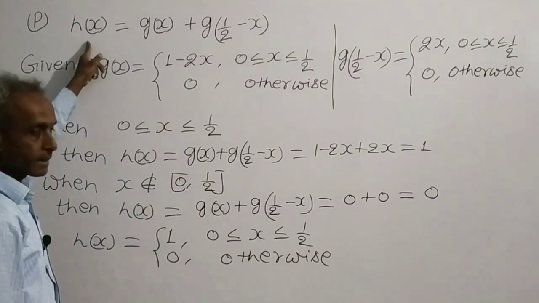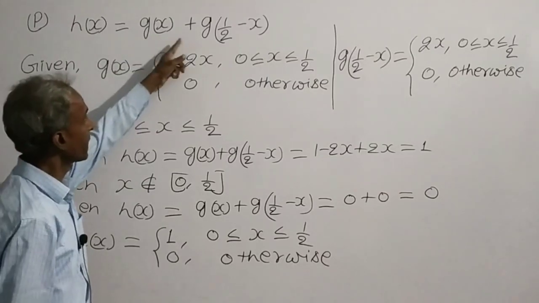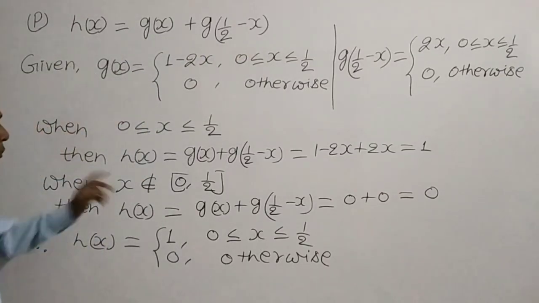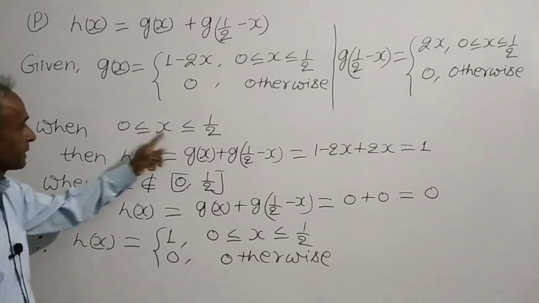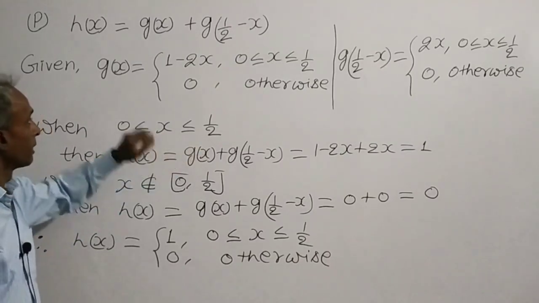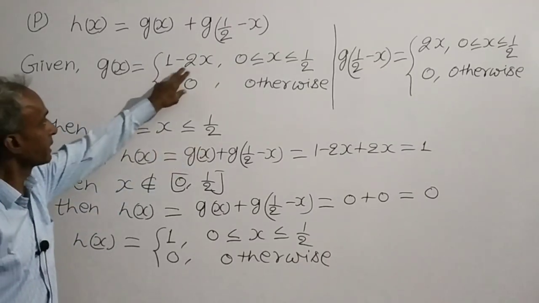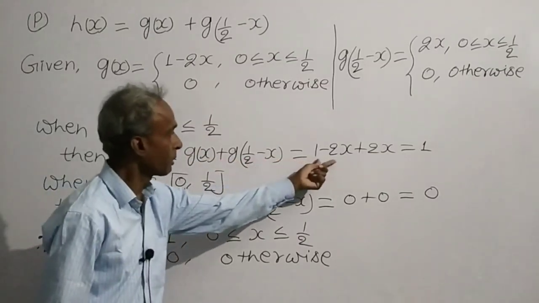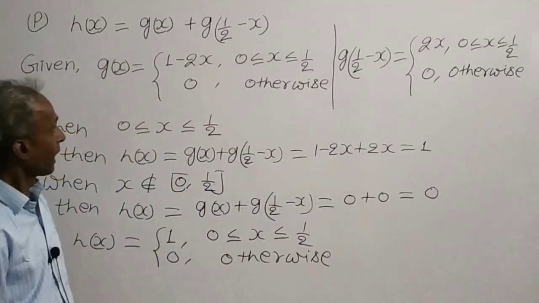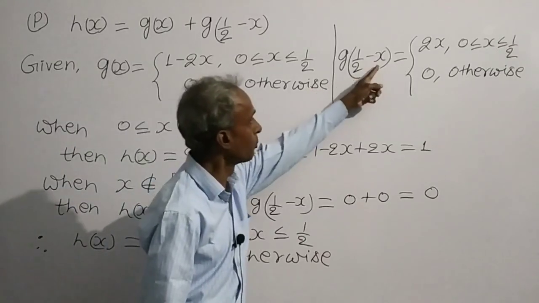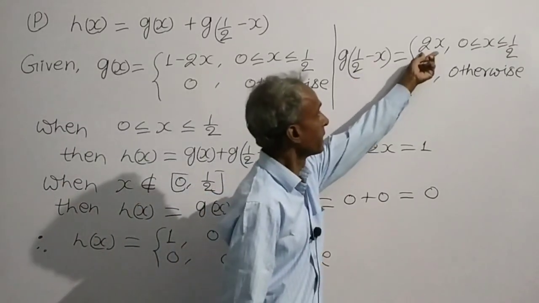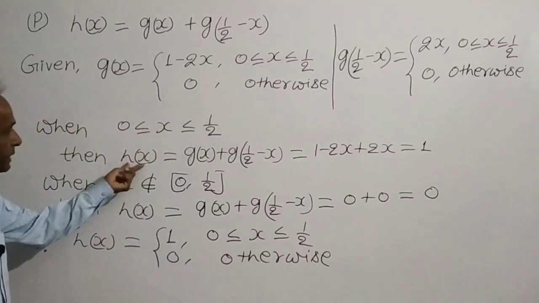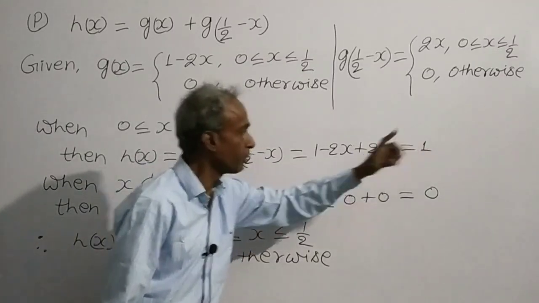Since Hx is equal to Gx plus G of 1 by 2 minus x, when x lies in this interval, then Gx is 1 minus 2x, and G of 1 by 2 minus x is 2x. Therefore, Hx will be equal to 1.